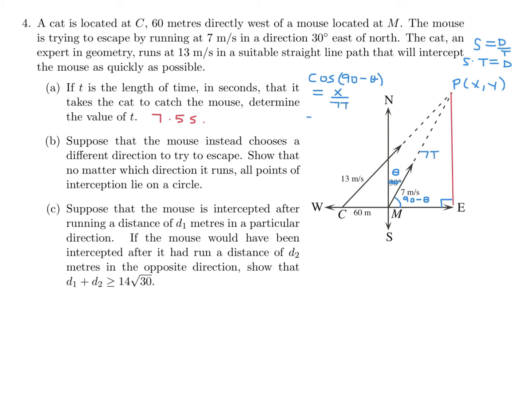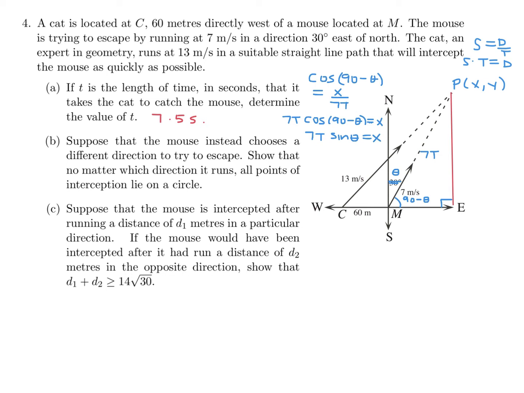That means cos of 90 minus theta times 7t is equal to x. And the cos of 90 minus theta, if you remember trig laws, is the same as the sine of theta, which is a little bit cleaner. So 7t sine theta is equal to x.